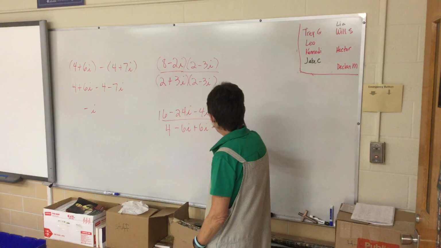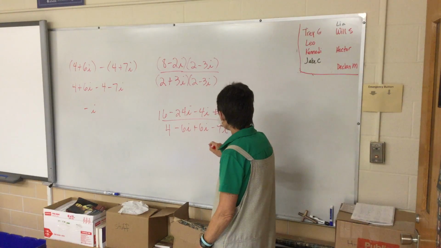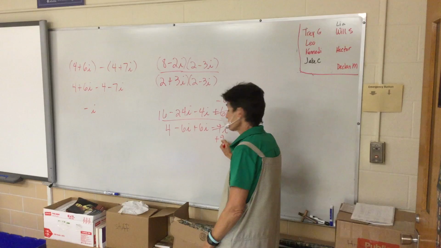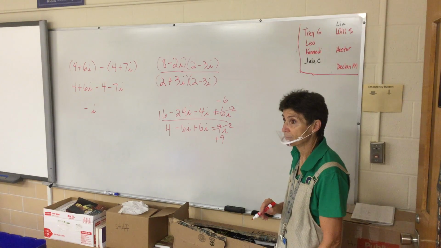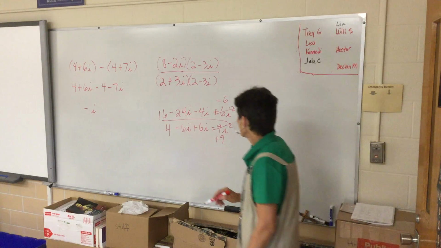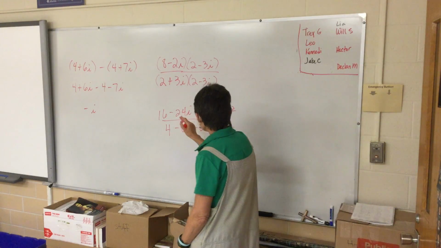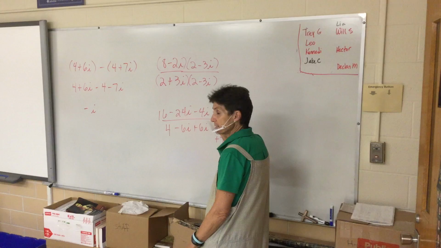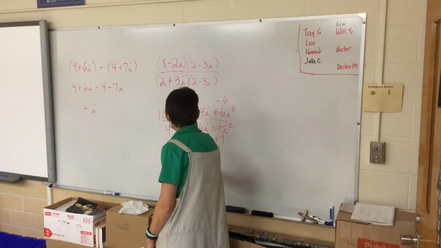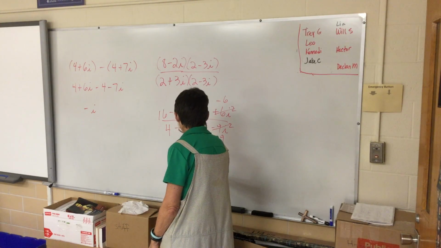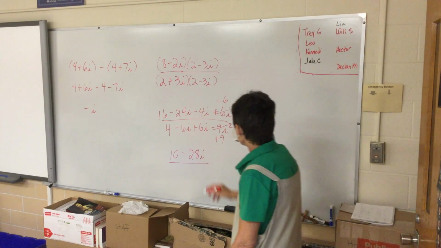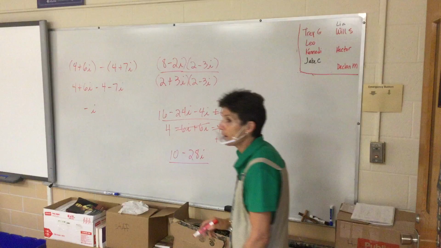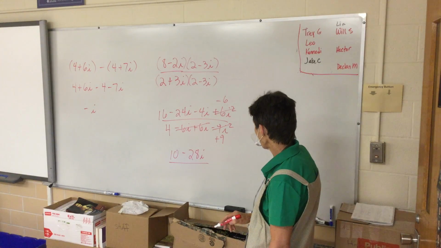So this becomes a minus 6, and this becomes a plus 9. So let's see, 16 minus 6 is 10, minus 28i, that's my numerator. These cancel on the bottom, that's why we do the conjugate, so that will happen.